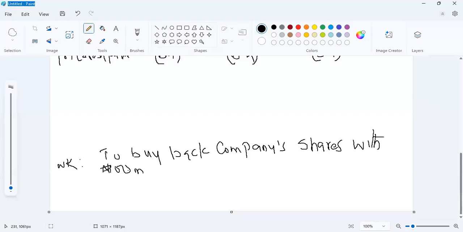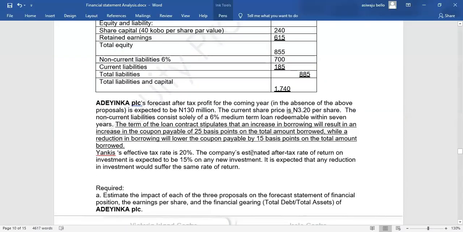Now ask yourself, with this 100 million, how many shares can we buy back? That will now take us to the question of what is the current market price per share. With 100 million, how many shares can we buy back? That will now take us to what is the current share price.